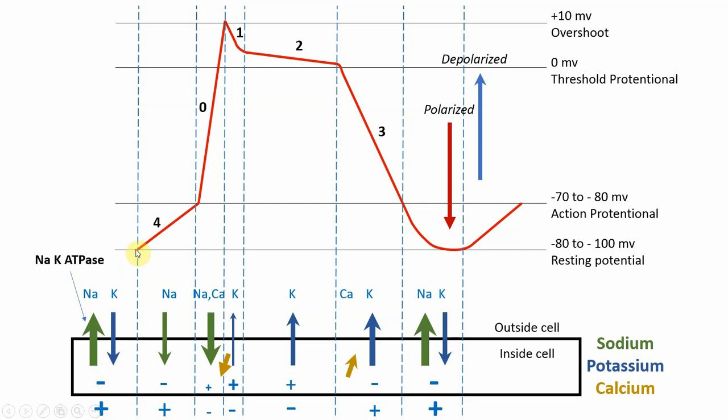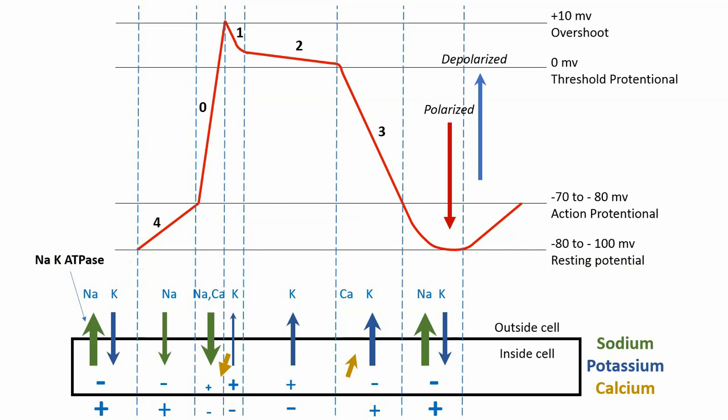So almost minus 80 to minus 100 millivolts of current is generated inside the cell, and this current is called the resting potential. At this phase the cell is in the resting condition, ready for action.